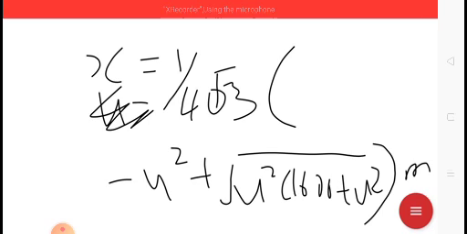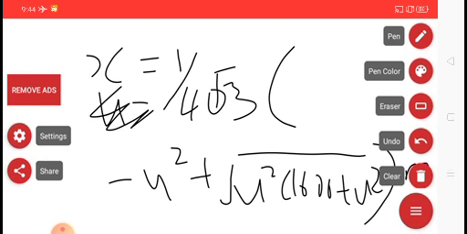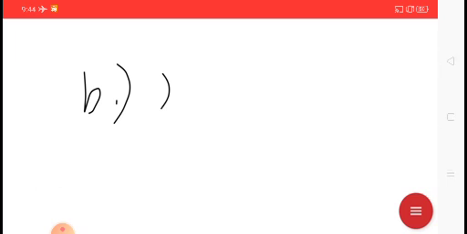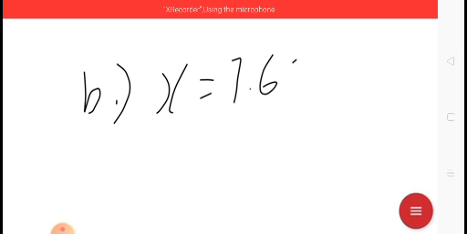So this is the x in terms of u. Now the question asks you for the horizontal distance when u equals 5. When u equals 5, you sub the u inside, and you should get x equal to 7.65 meters.